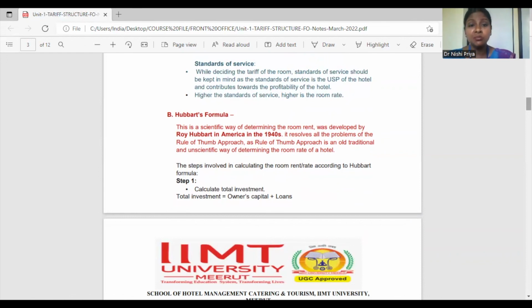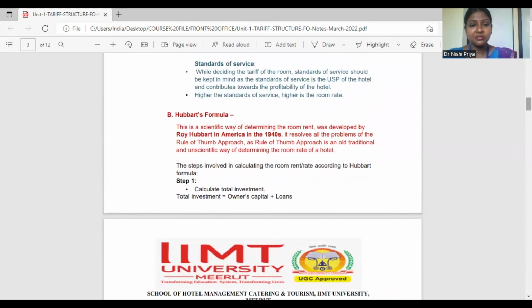The higher the standard of service, the higher the room rate. If we are giving personalized service, quality service and products, we have to keep the room rates higher accordingly.